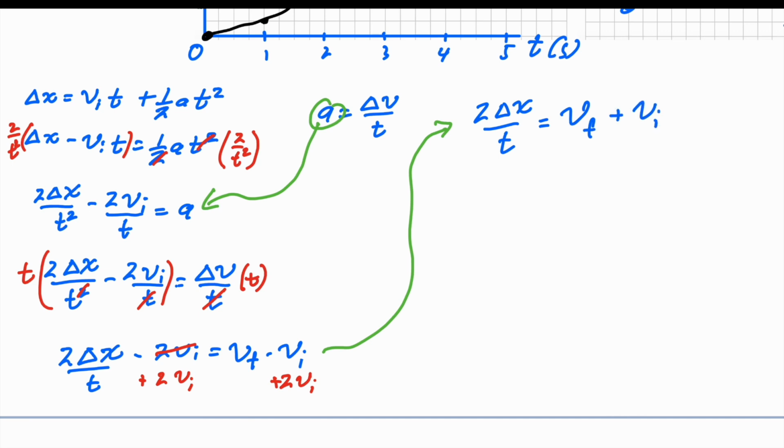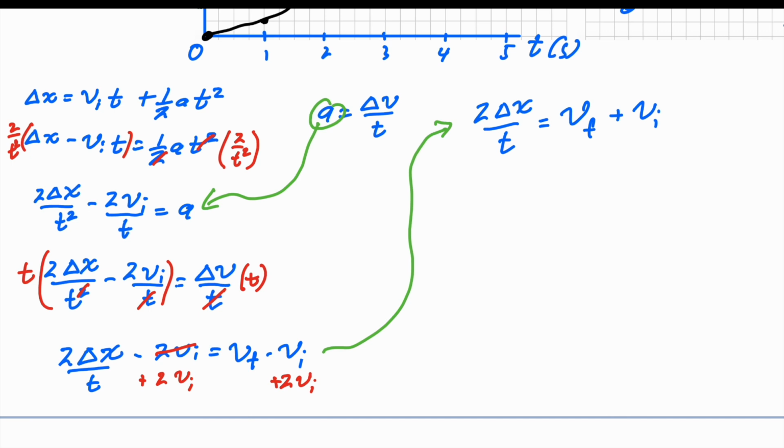Okay. Now I haven't succeeded in getting rid of time yet, have I? Right. Okay. But here's what I'm going to do. I have this t hanging out down here, but if I multiply both sides by delta v, then I can put the t into acceleration.